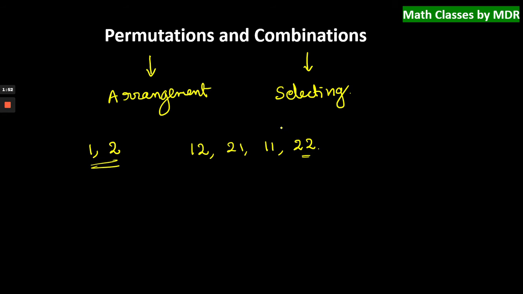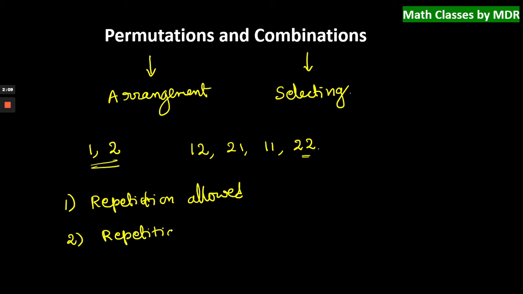So generally in permutations we see two cases. One is when the repetition is allowed, and the second case is repetition not allowed. So what does it mean, repetition allowed and repetition not allowed?